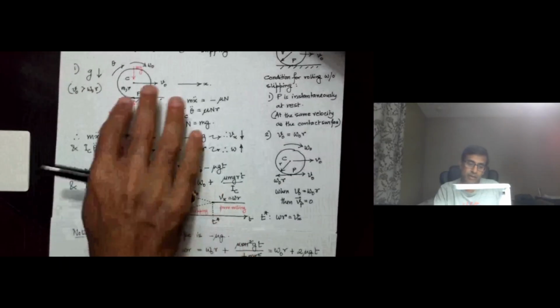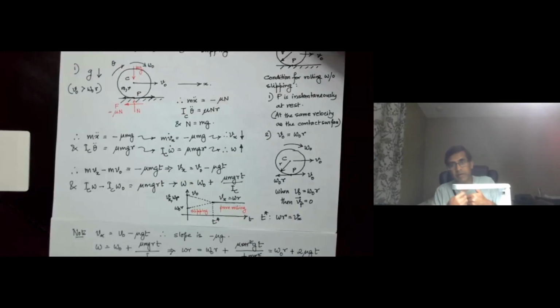So when we start with this kind of a scenario where the velocity is greater than omega naught r, initially there are friction forces and there is slipping at the contact point, and so energy is continuously being lost. And then we reach a point where it goes into pure rolling, and there the energy is conserved.